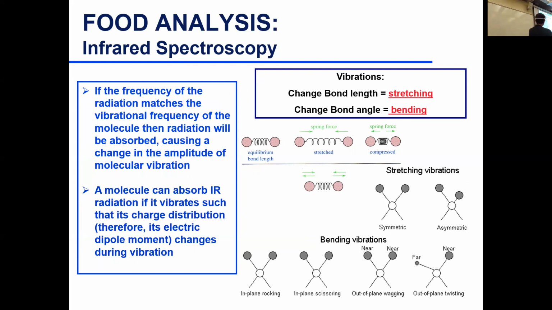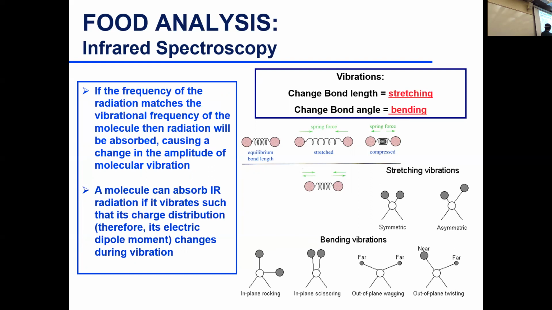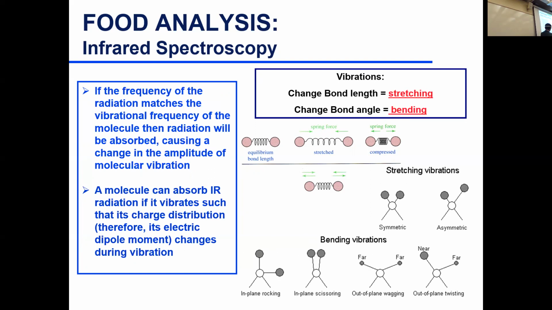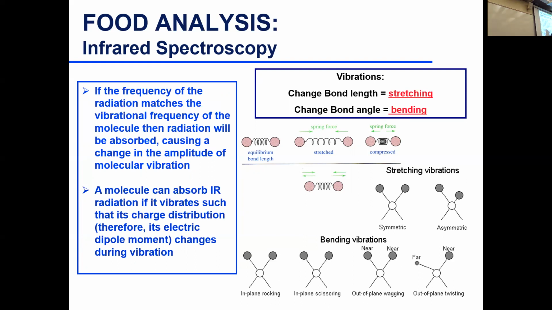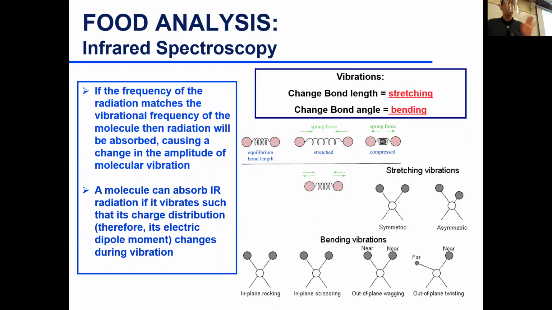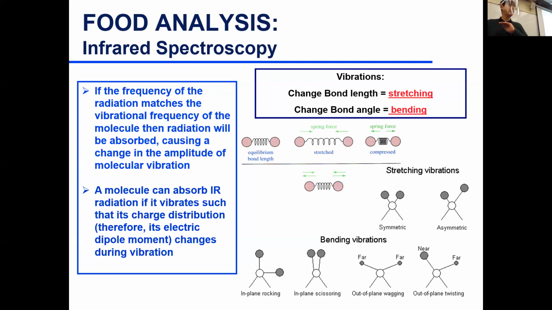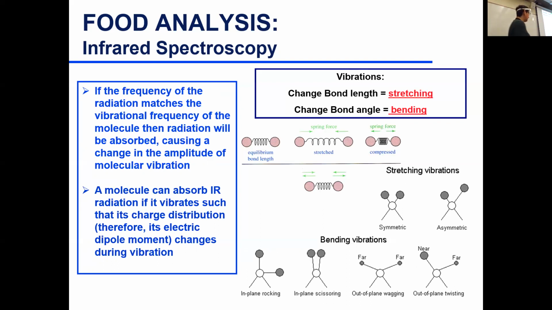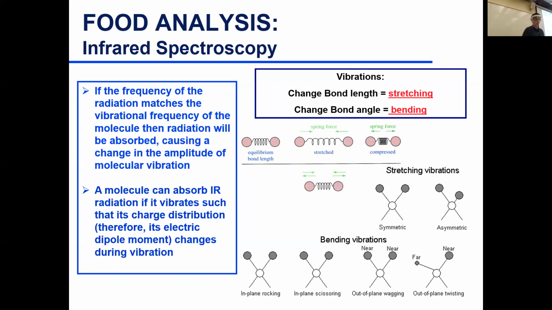A molecule can absorb IR if it vibrates such that its charge distribution changes during vibration, so it's the charge distribution between the atoms within a bond. Again, I'm not going to hold you accountable for that. All I want you to remember is that once IR radiation is absorbed, you get vibration of the bonds in the form of stretching or bending.